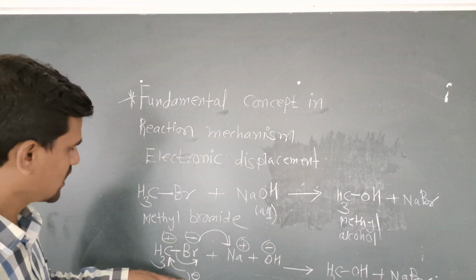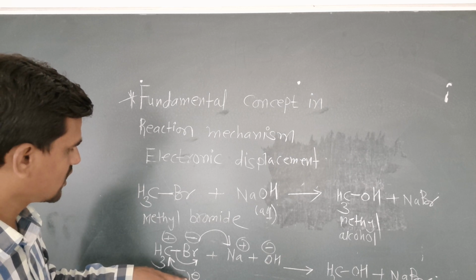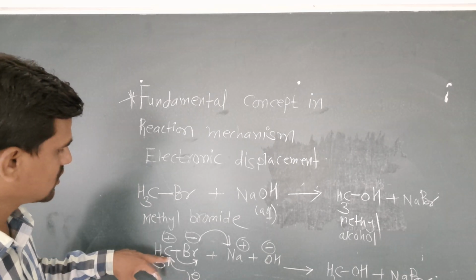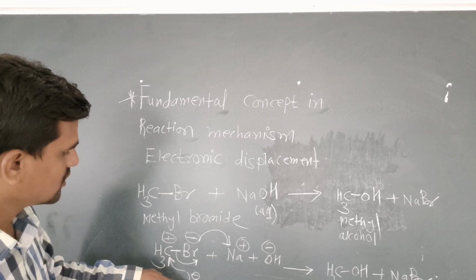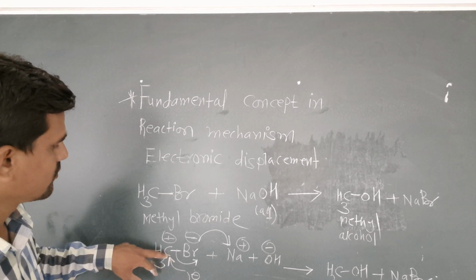These arrows show how the oxygen atom is attached to the carbon. The pointer of this arrow indicates that this nucleophile attacks on the carbon.